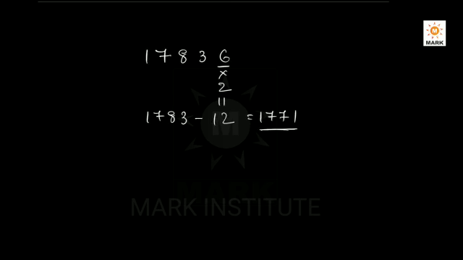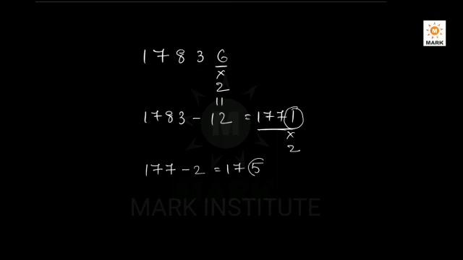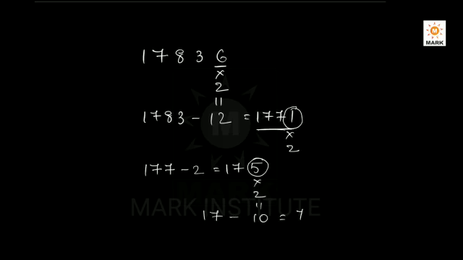So again I repeat the process. Take the units digit 1, whose double is 2. From 177, the remaining number, subtract 2. What is 177 minus 2? That is 175. 175 is exactly divisible by 7, but still I repeat the process. Take the digit 5, double it, that is 10. So 17 minus 10 is equal to 7.